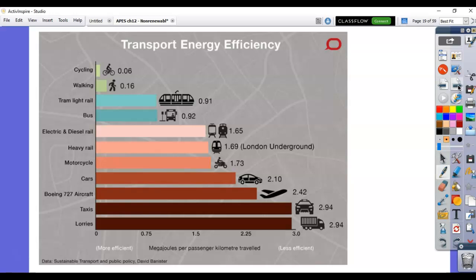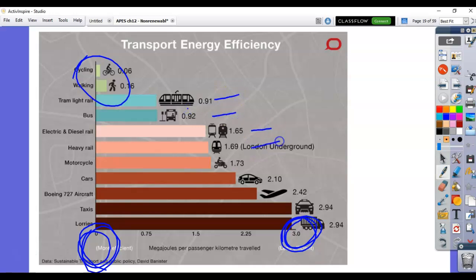Let's take a look at transportation. So most efficient transportation methods. We can take a look. Less efficient is over here, how much energy they're using. More efficient over here. Cycling and walking are the most efficient. And we also have a light rail, bus, some trains.